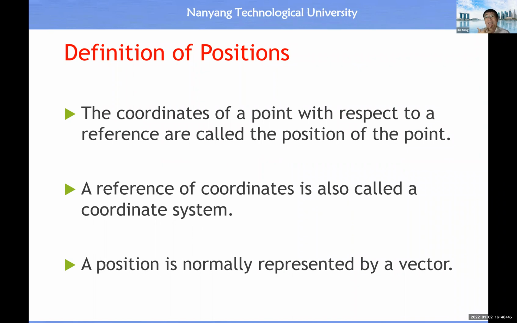So once we know the coordinate, we know what is a reference, we know what is an axis, etc., then we are ready to define position, right? Position basically refers to the coordinate of a point, all right? And the coordinate of a point could form a vector in mathematics. Since reference for position in the three-dimensional space involves the use of 3 axes, therefore, we have 3 references, okay?